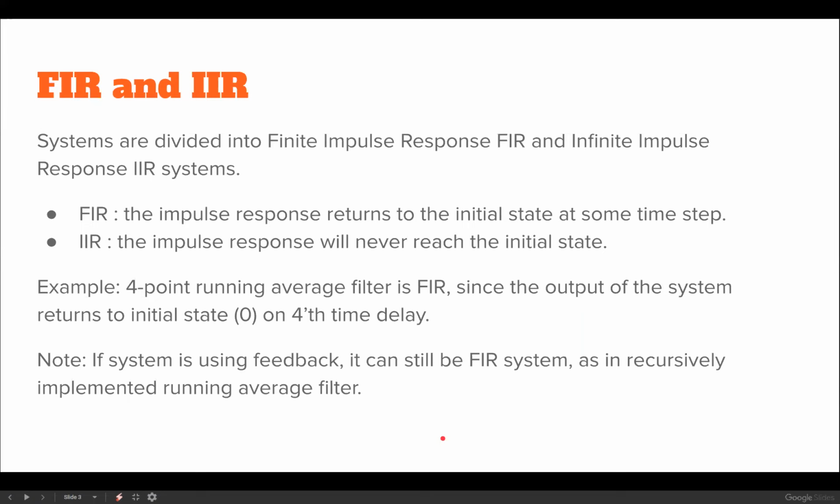In the natural world, we have only infinite impulse response systems, unless you are dealing with some quantum mechanical phenomenon. So all natural systems are infinite impulse response systems, meaning that the impulse response never ends.